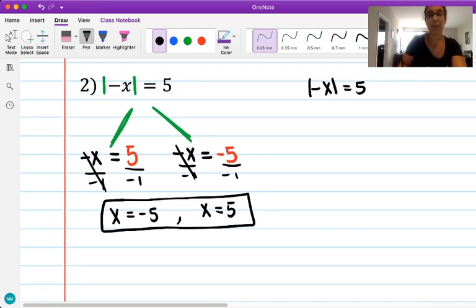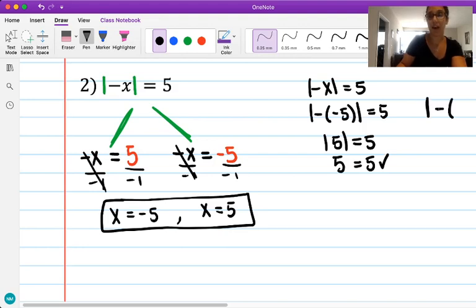So the absolute value of negative 5, because that was one of my solutions, is equal to 5. This becomes positive, so the absolute value of 5 is 5, so that is true. And let's check the other one. The absolute value of negative 5 equals 5, so 5 equals 5. It is true. So it is important to check your answer.